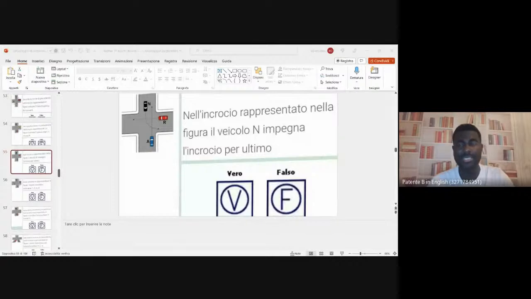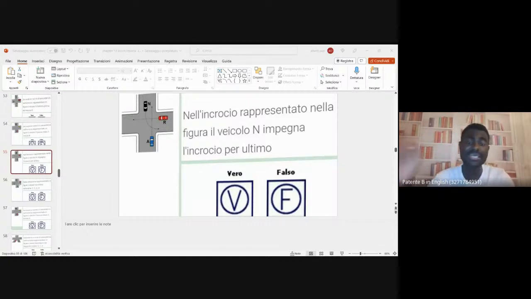So the question says that in this junction figure, the vehicle N will engage the road lastly, vero or falso? And the answer to this question is false, guys. N will not engage the road lastly, because if N doesn't move, no vehicle can go.